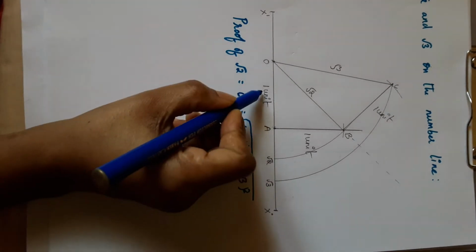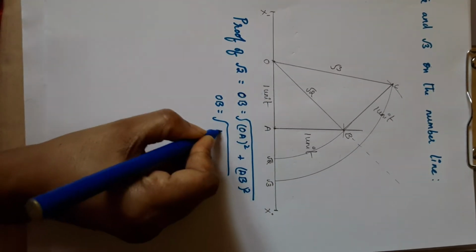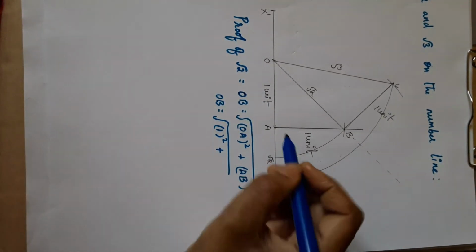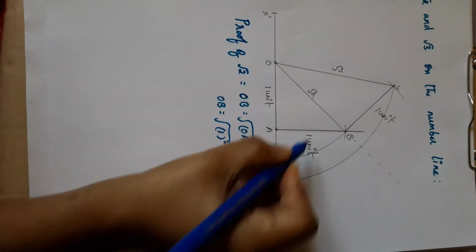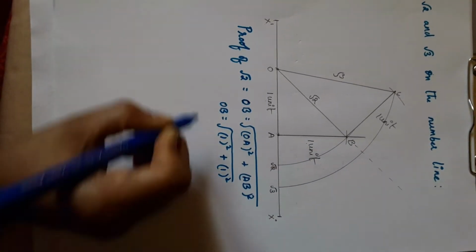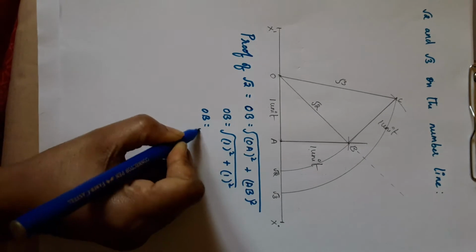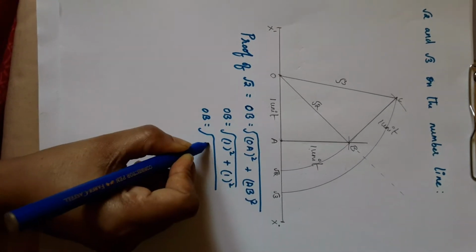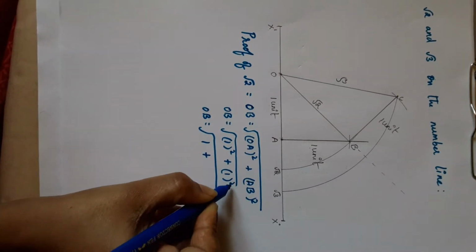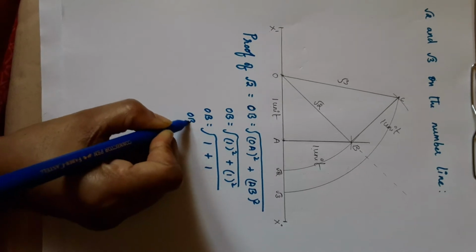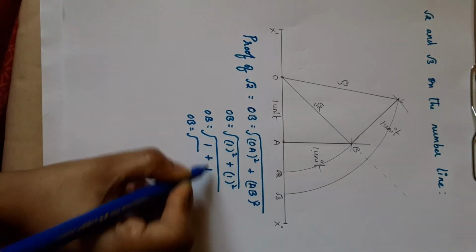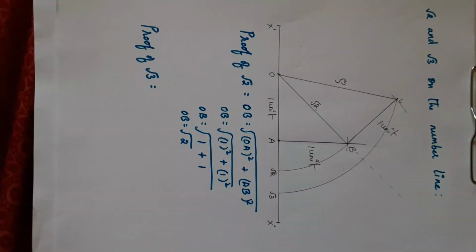OA is 1 unit, so 1 whole square plus AB is 1 unit, again 1 whole square. 1 whole square is nothing but 1 plus again 1. OB is equal to 1 plus 1, which is 2.